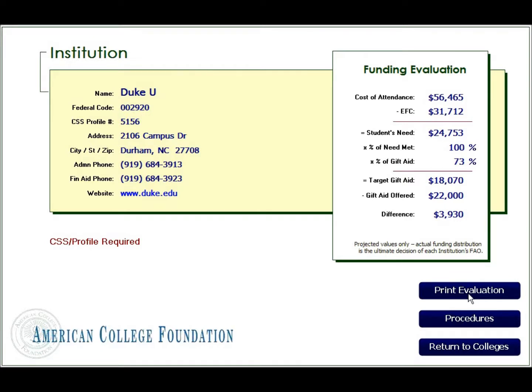A formula will calculate your financial need and factor in the school's history of awarded funding to determine a target gift aid amount. Your gift aid offered will then be compared to this target amount. You may print an evaluation, which will include follow-up procedures. Please keep in mind that these are all projected values only, and the ultimate funding awarded is at the discretion of each school's financial aid department.